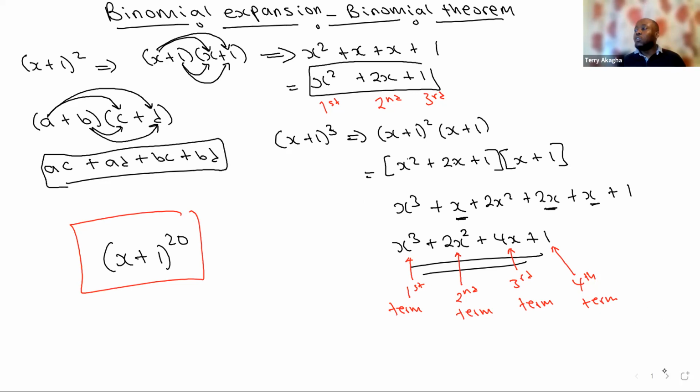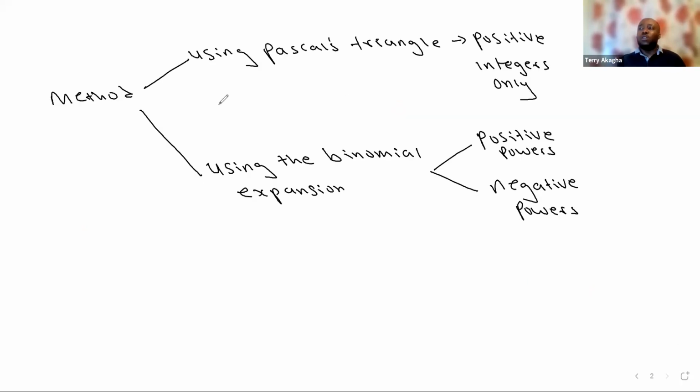So we want to use two methods here: we can either use the Pascal triangle or the binomial expansion method. But Pascal's triangle is only for positive integers, while the general form of the binomial expansion is for both positive powers and negative powers, all right?